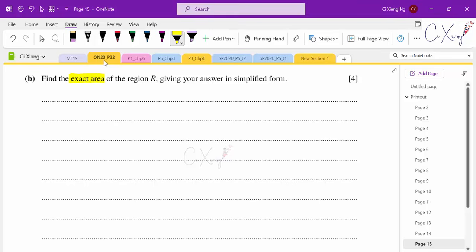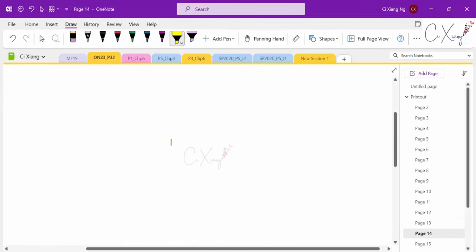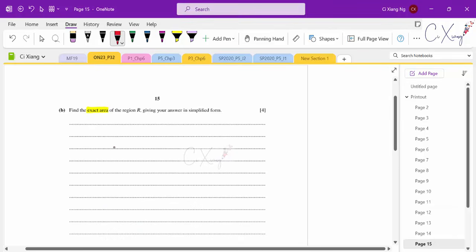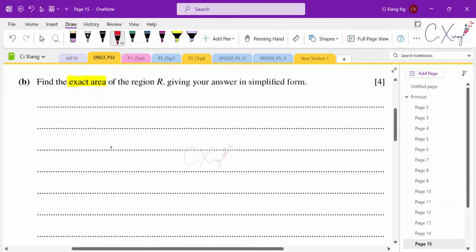Okay, so first of all, we have to set up the equation first for the integration. So to find the area, I need to know the area starts from this point. I need to know what's the coordinate for this one and also what's the coordinate for this one. So both points here basically are the x-intercept. Therefore, I need to find the x-intercept first. Okay, so I'm having y equals to sine x cos 2x, right?